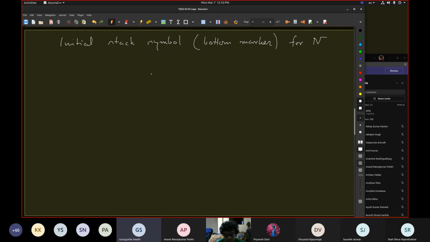M accepts if and only if starting from S, it can go to the single or unique final state T, with the stack empty.